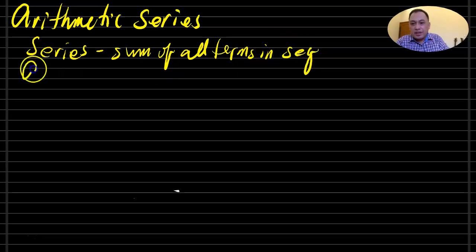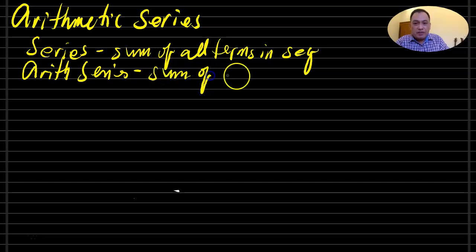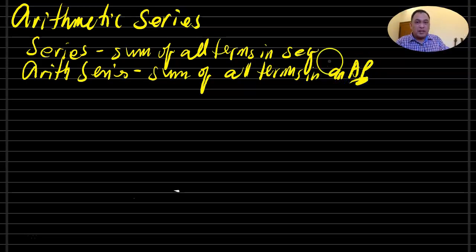So if we are going to say arithmetic series, it's the same. It is the sum of all terms in an arithmetic progression. So what are the formulas that we're going to use in order to find the sum?